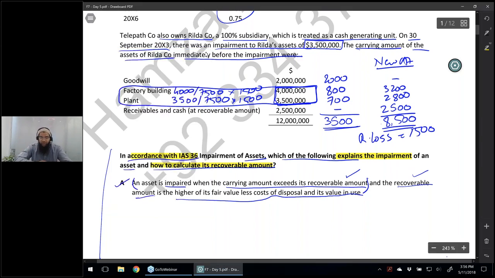Now the question required us to calculate the value of Rilda company's plant.